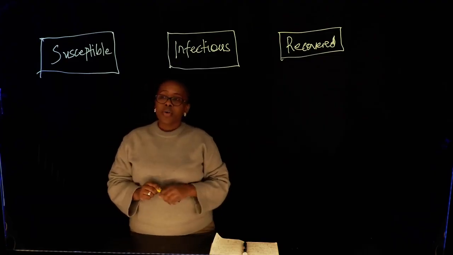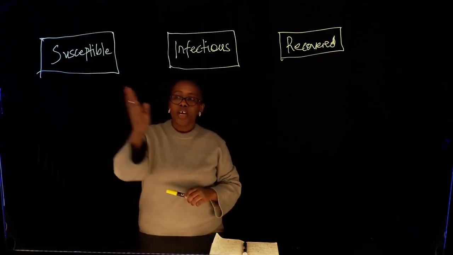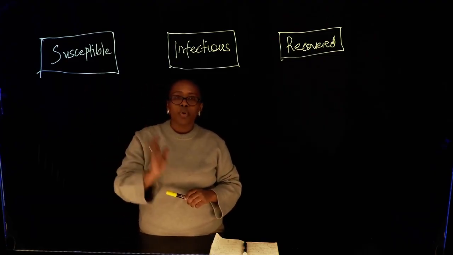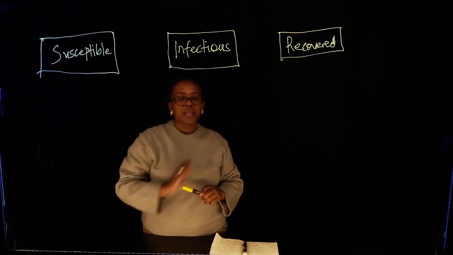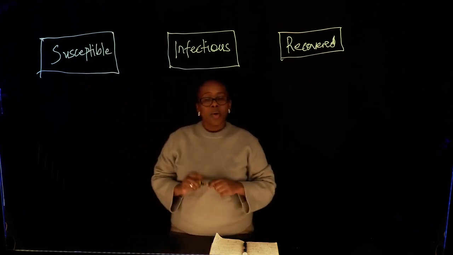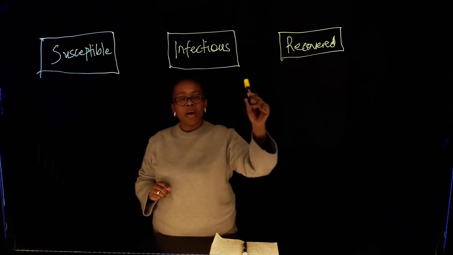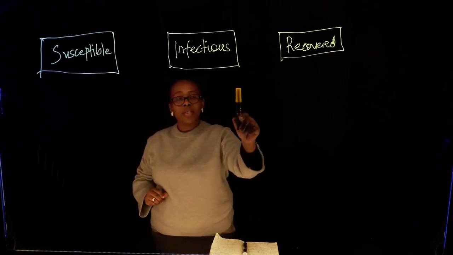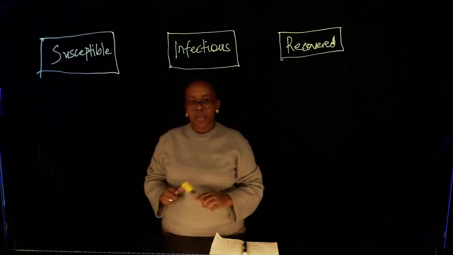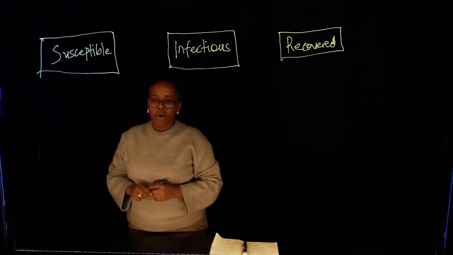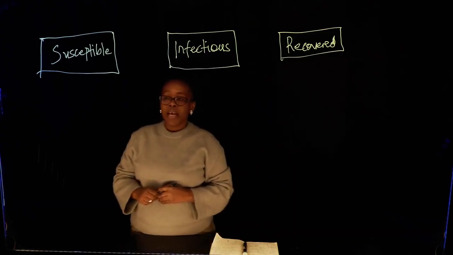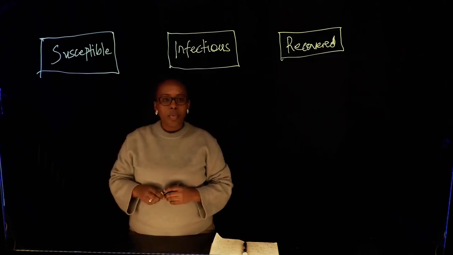It also assumes that the rate of infection that leads the susceptible to become infectious is constant, and the rate of recovery is also constant. Those are the 4 assumptions of the SIR model.